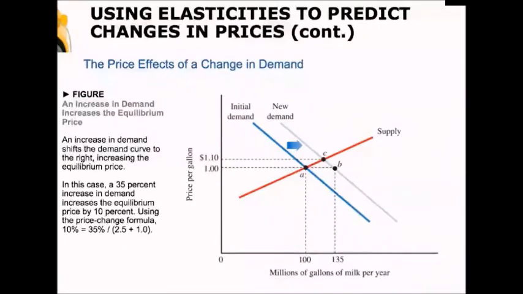Well, in this case, there's been a 35% increase in demand. That's how far it's shifted over to the right, and we know that because the horizontal shift of the demand curve was 35%. It went from 100 to 135.